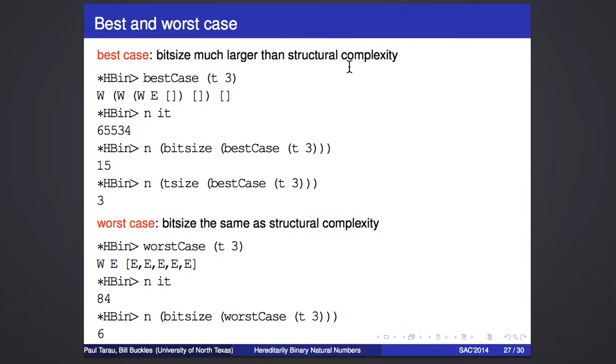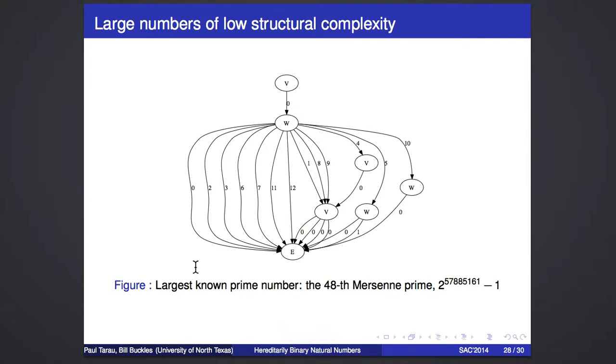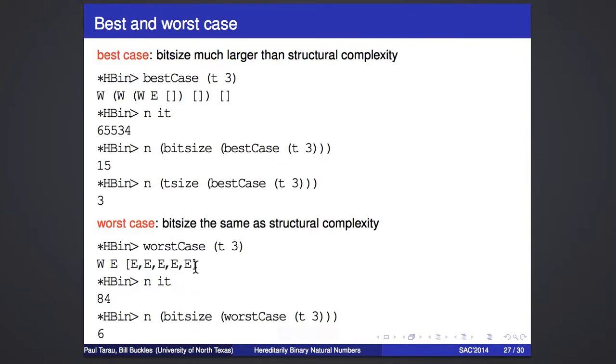And the taller the tower, the bit size goes very fast, and the term size would stay proportional to a number of nodes, so relatively small. The worst case is when we have a lot of empty leaves, a relatively flat tree, and in this case the bit size and the term size are identical, we don't gain anything in this case.